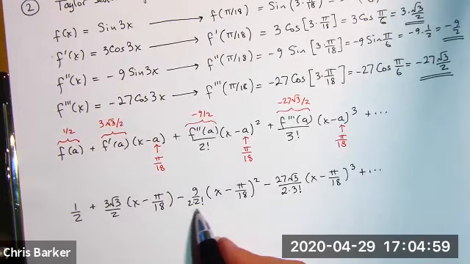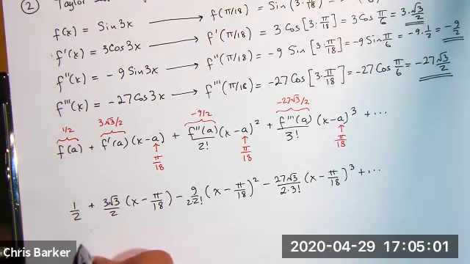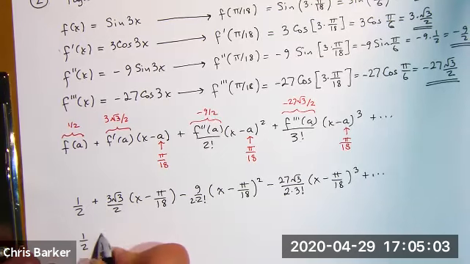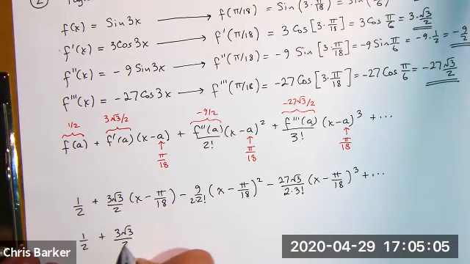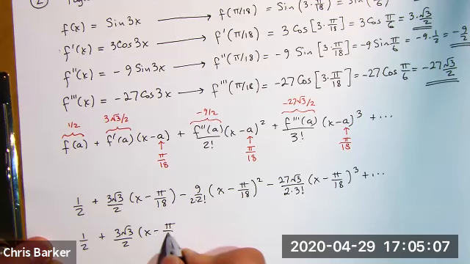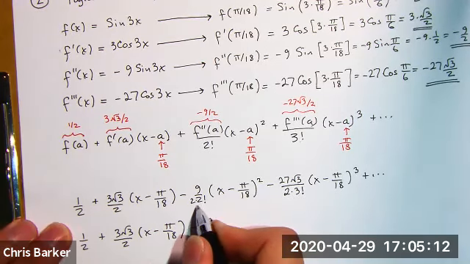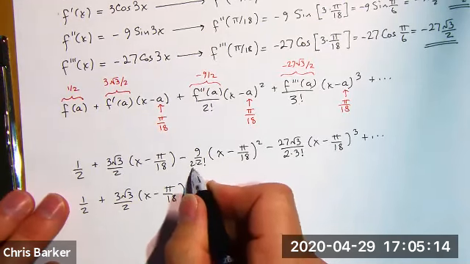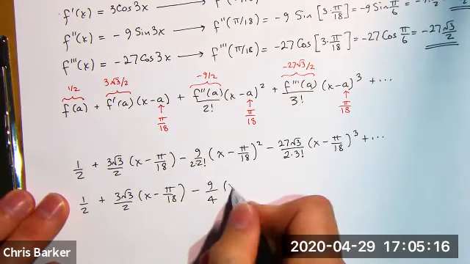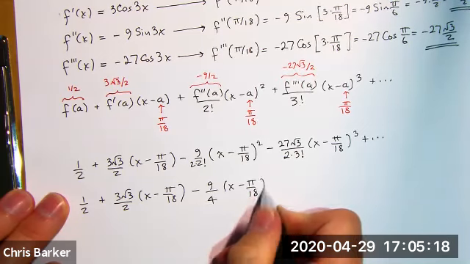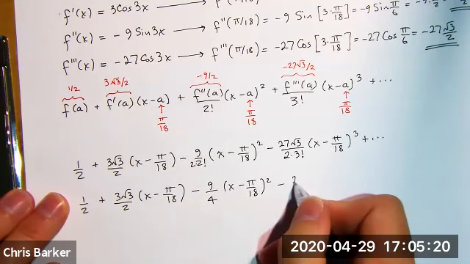So now I'm going to simplify these. So I've got 1/2 plus 3 root 3 over 2 times x minus pi over 18 minus 9 over 2 factorial, which is just 2 times this 2 is 4, x minus pi over 18 squared minus 27.